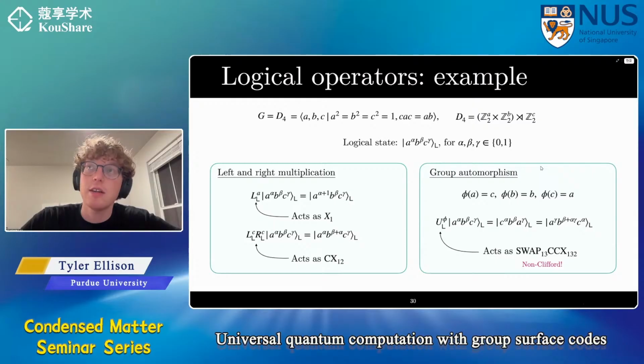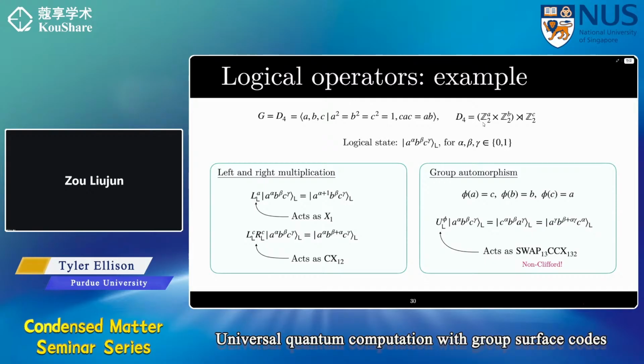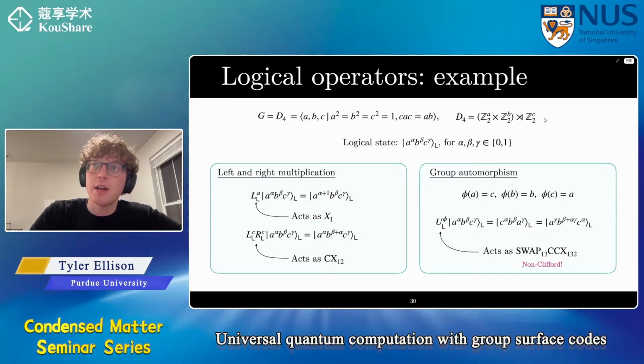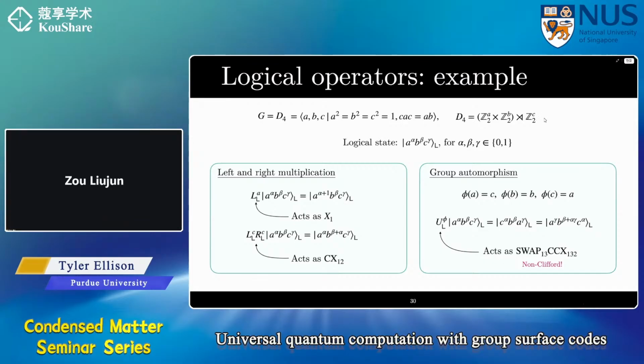So any element of the group can be represented as A to the alpha, B to the beta, times C to the gamma, where alpha, beta, and gamma are 0 or 1.